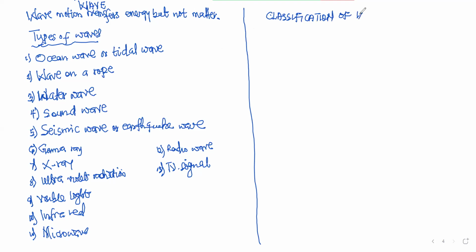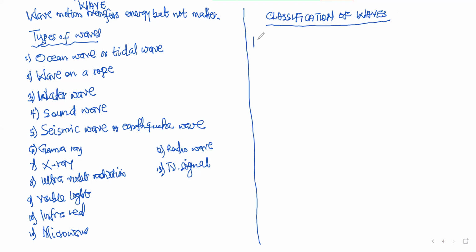We are grouping waves based on certain things they have in common. So all these examples are being put under one umbrella based on certain things they have in common.